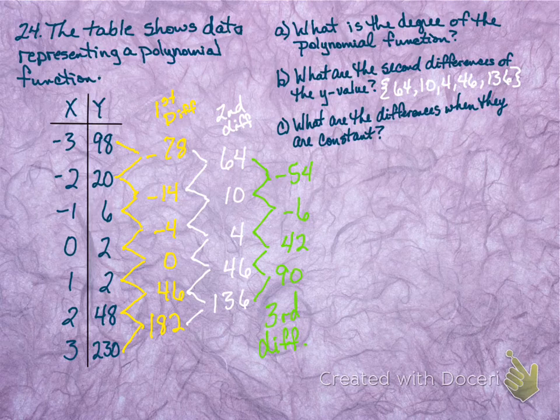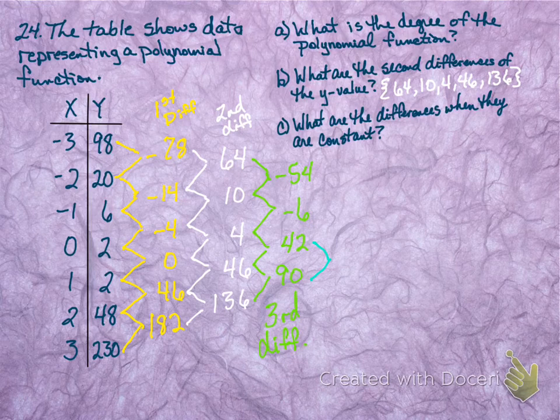Okay, and one more. Let's go with, let's see, kind of an aqua color. Will this work? Yeah, that'll work. Okay, so 90 minus 42 is 48.